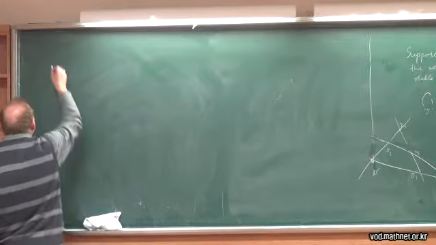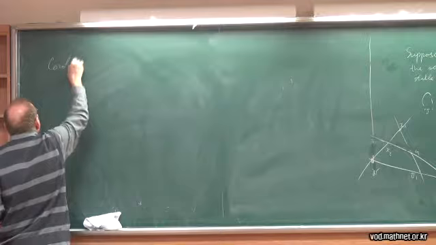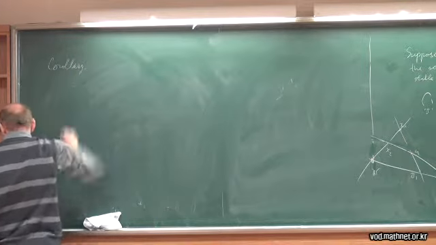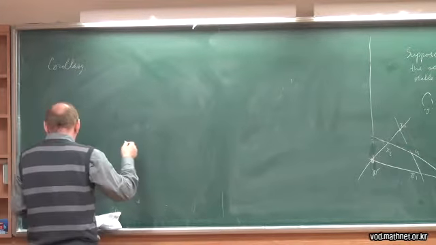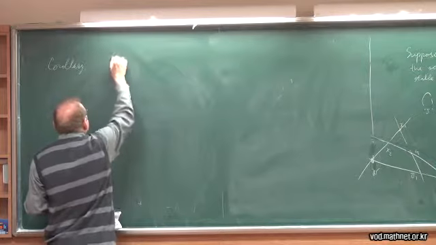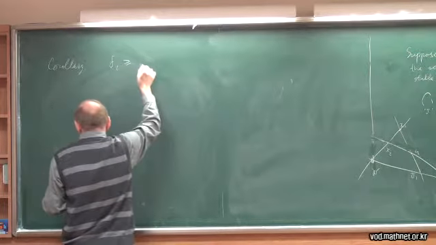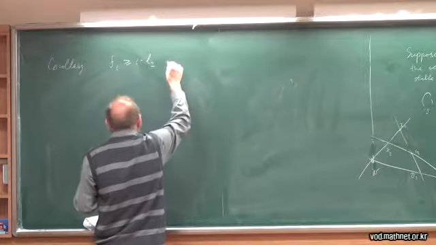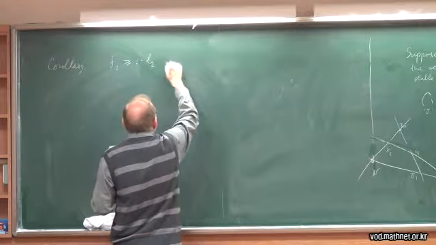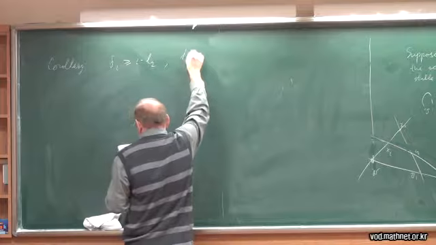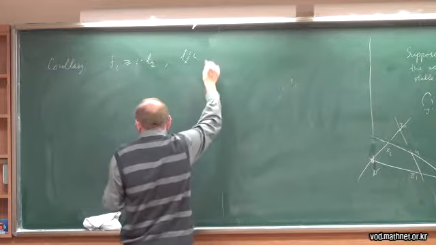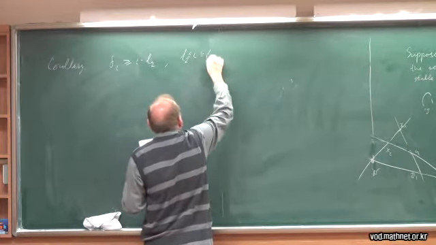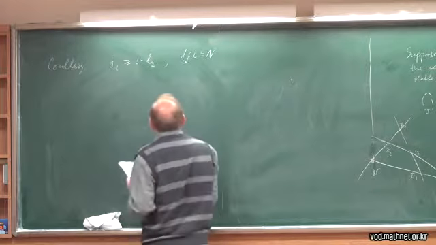So corollary, for all i starting with L2 and till n, this function is strictly increasing.